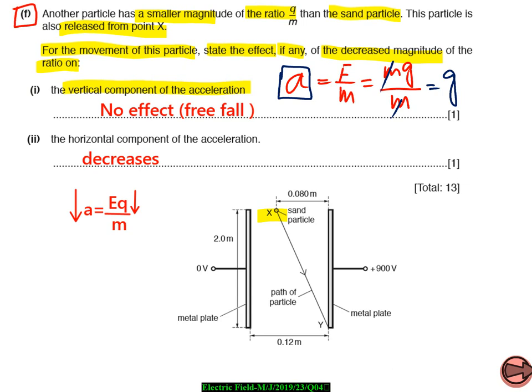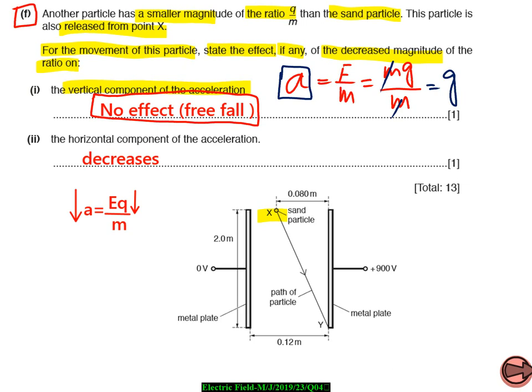For the next one, we need to consider the horizontal component of the acceleration, as we need to understand the horizontal motion, the force acting along the horizontal. That force is the electric force, as we mentioned, Fe, and Fe is equal to Eq.